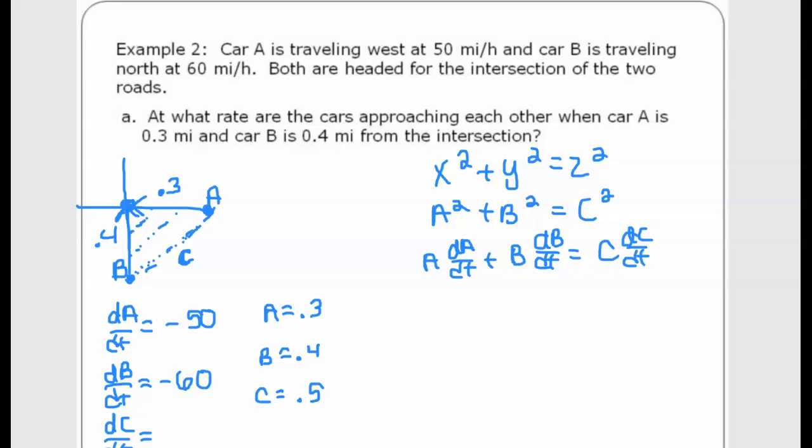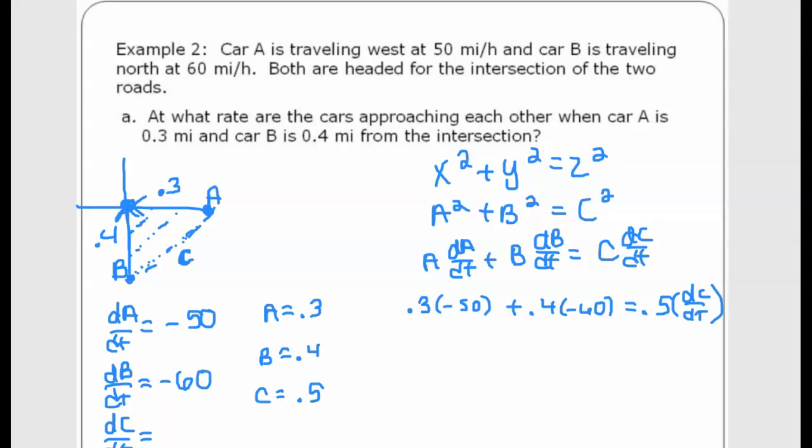With the ladder it was constant. Now all parts are changing.